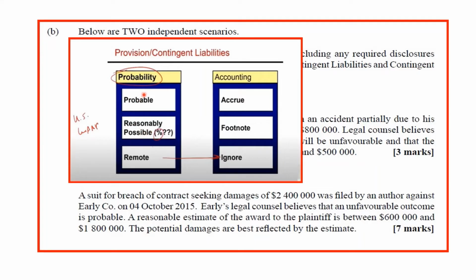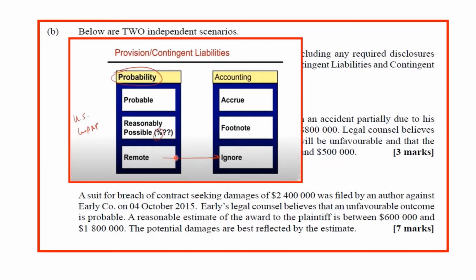If it is probable, that means it is greater than 50% probable, and you have to make an accrual in your accounts first. Okay? And if it is remotely probable, then that means it's less than 50%, and you can ignore it, or you could still make the note in the financial statement.